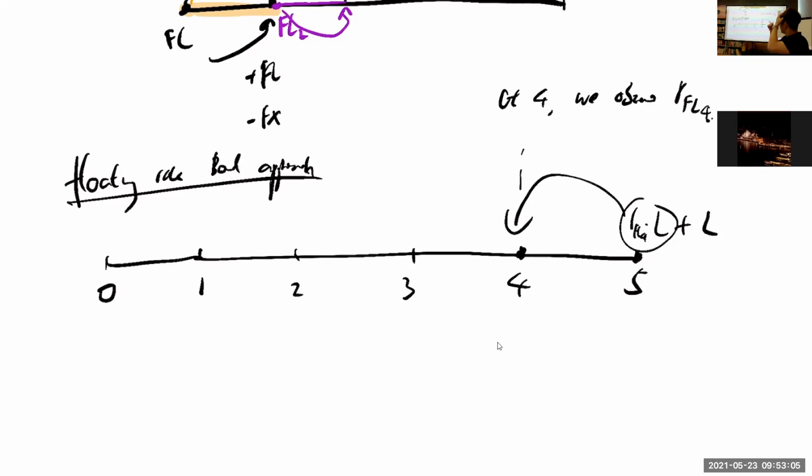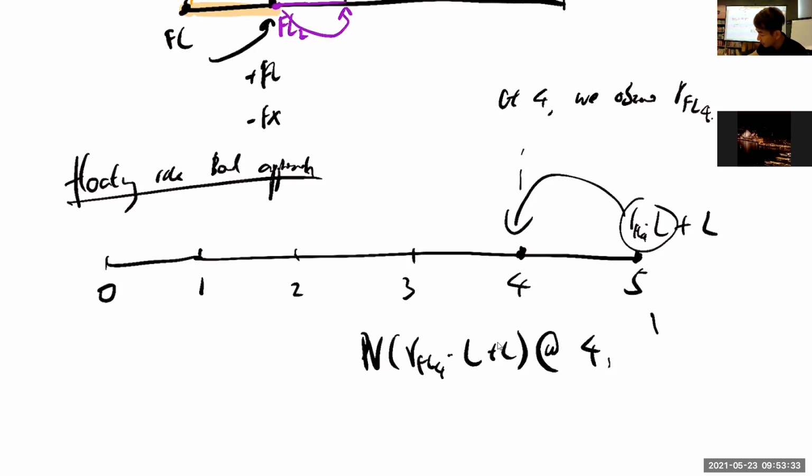And then if at time 4 you observe that, which means if you want to discount the present value of my RFL4 times L plus L at time 4, what would the present value be? From the present value that you learned from Introduction to Finance, I'm going to be discounting it using whatever the market interest rate is, right? So at time 4, that is simply RFL4 times L plus L divided by 1 plus RFL4, right?